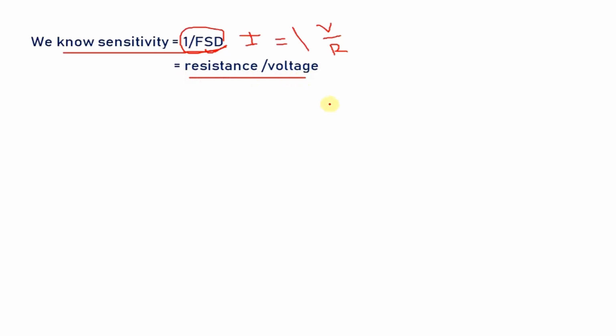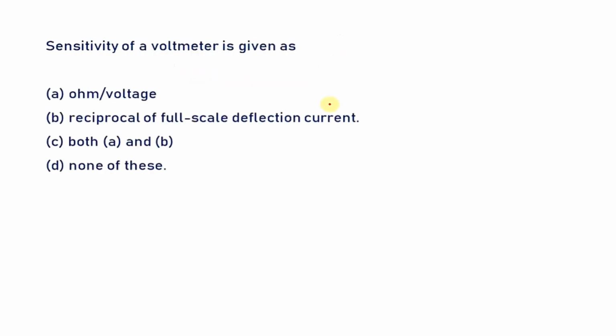Okay, let's get back to the question. So the options here could be ohm per volt is the correct answer. Reciprocal of full scale deflection is also a correct answer. So the correct option will be C.